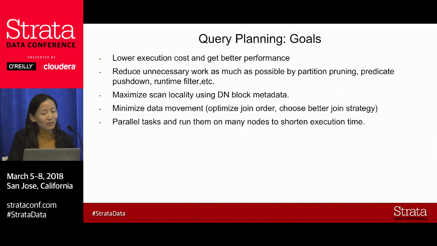Last but not least, you want parallelism. This is a distributed system, so you want to utilize as many nodes as possible, so you can reduce the execution time for each task and achieve better query performance.